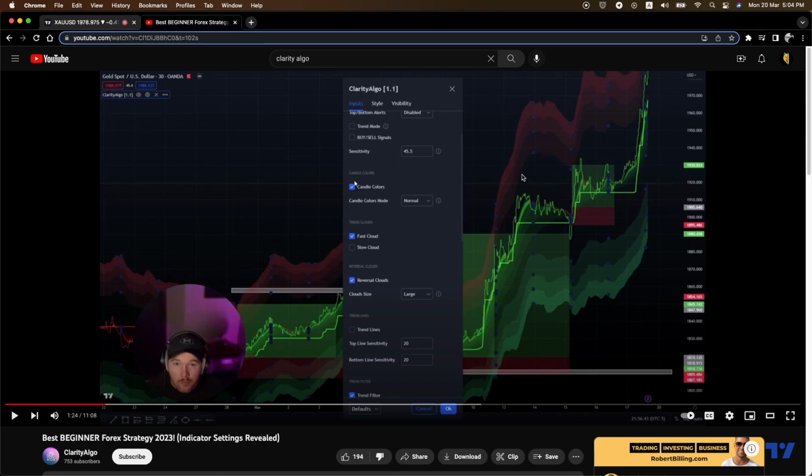I don't like that, but I will show you that it's possible to do it without having to literally pay hundreds of dollars for this indicator. It's a monthly thing. It's not even a one-time payment. It's a monthly thing for an indicator that at the end of the day is just an indicator.